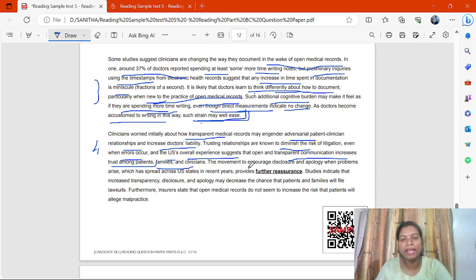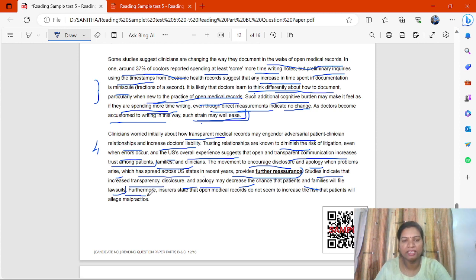The movement to encourage disclosure and apology when problems arise, which has spread across the states in recent years, provides further reassurance. Got this point? Studies indicate that increased transparent disclosure and apology may decrease the chance that patients and families will file lawsuits. Okay, here there are some ways we are getting these points.